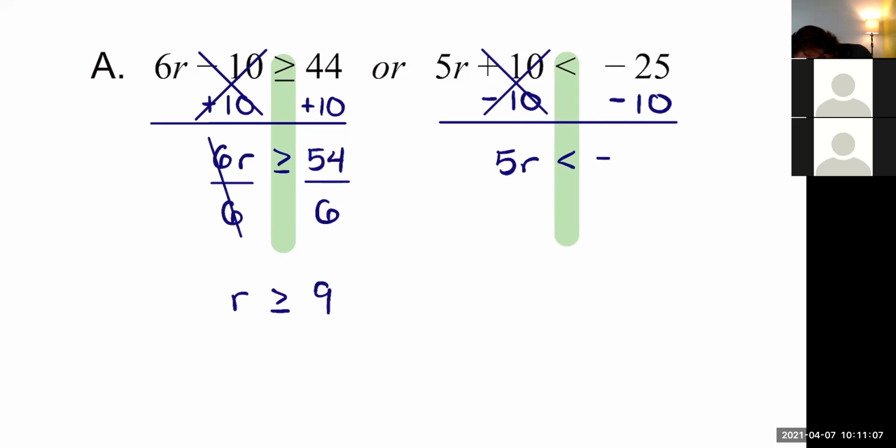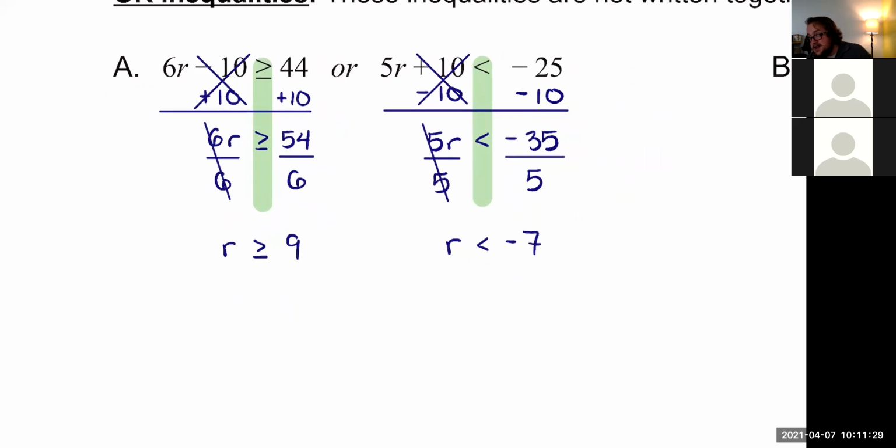Take away 10, which is a negative 35. And then last but not least, I'm going to divide away the 5 from both sides, simplifying it on the left, which leaves me with R is less than negative 7.